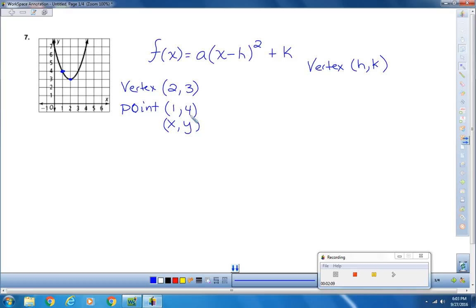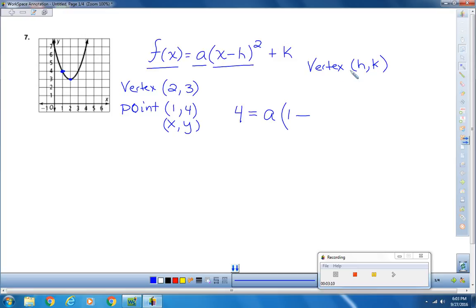So I'm going to plug in 4 for f of x. So 4 is equal to a, and I don't know what a is. Then I'm going to plug in x minus h squared. x in our case is 1, minus h.